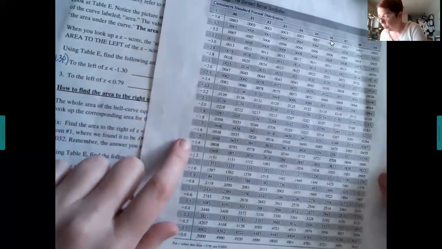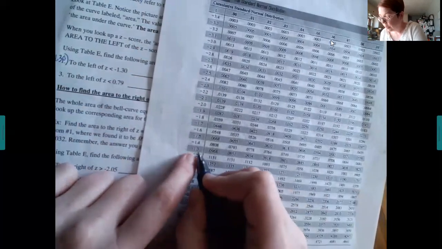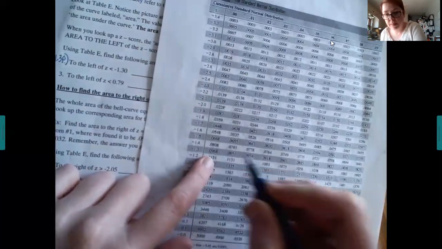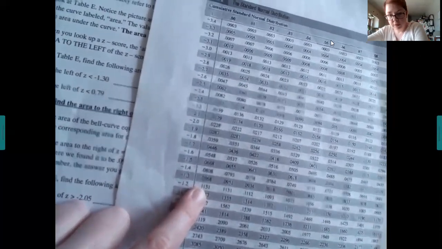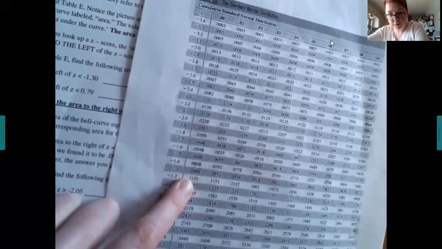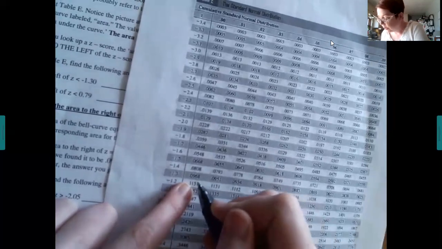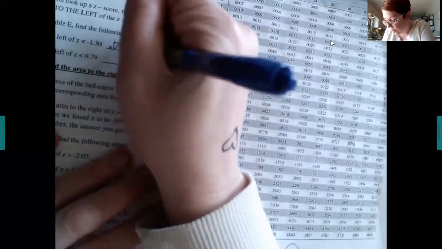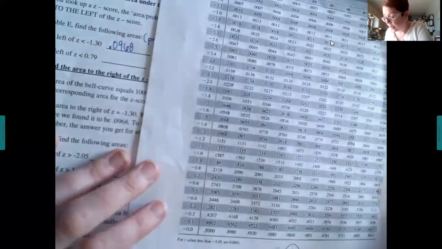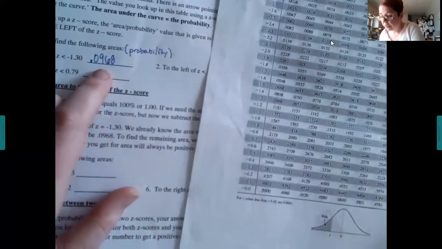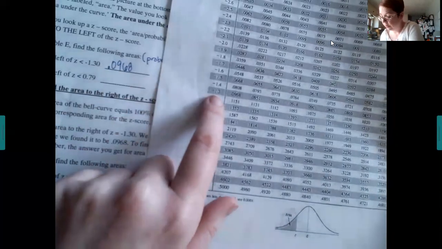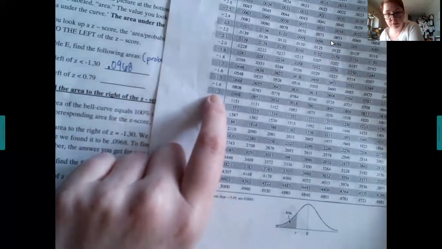So negative 1.3 is right here, and it's negative 1.30, so we hop right there. It's 0.0968. So that means that this is the probability or the area under the curve to the left of negative 1.30.